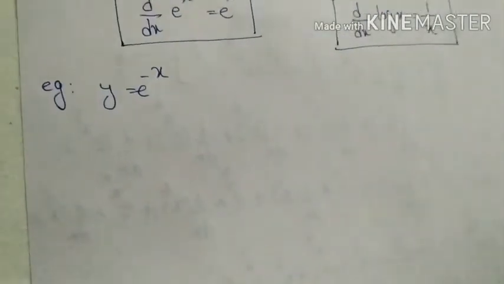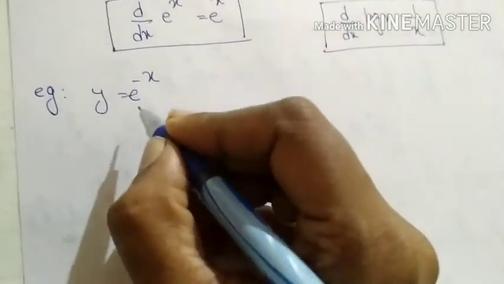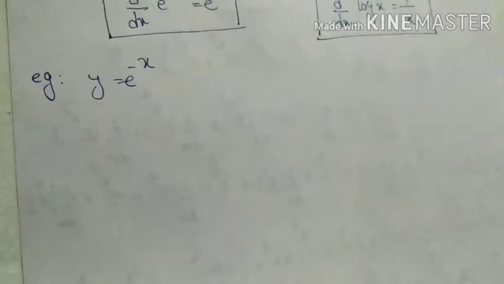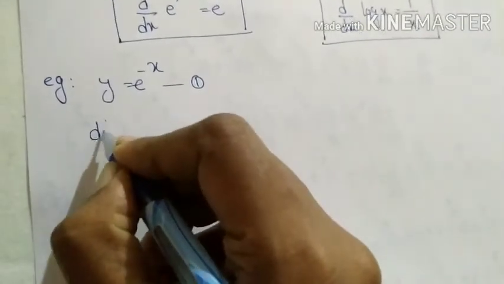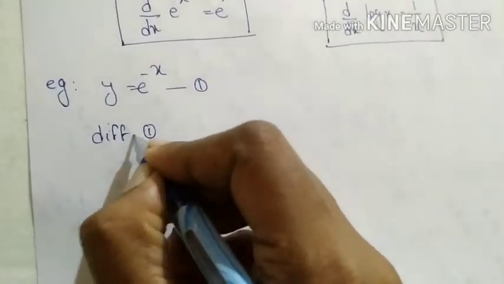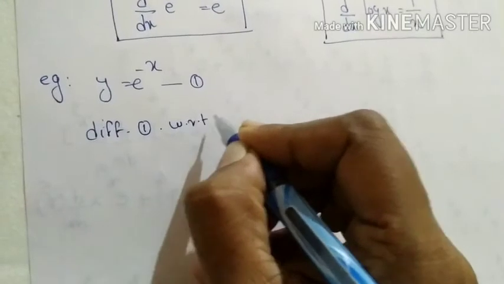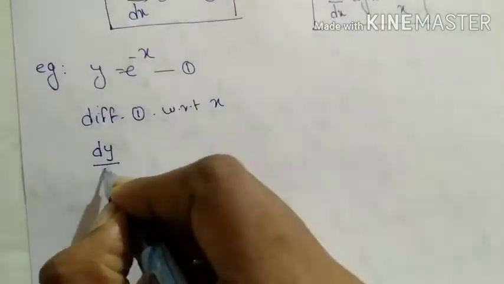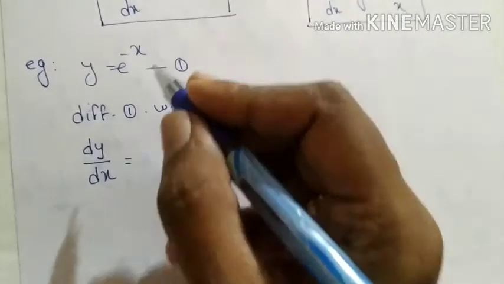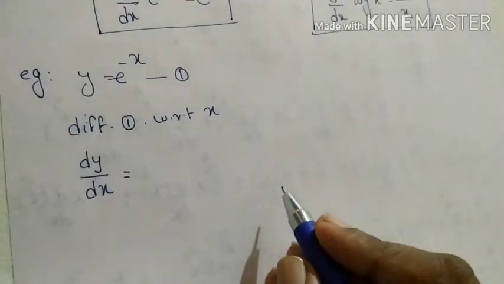Let us consider y equal to e raised to minus x. We need to find the derivative of e raised to minus x. Let us name it as equation number 1. Differentiate equation number 1 with respect to x on both sides. We get dy by dx, and the derivative of e raised to x.